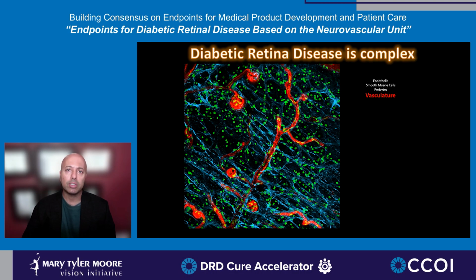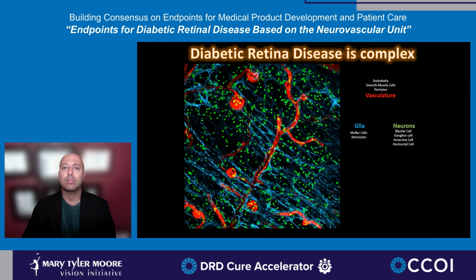The paradigm for understanding diabetic retinal diseases these days, it's generally accepted that we can divide the retina into three components. We can divide it into the vasculature, which comprises endothelial cells, smooth muscle cells, pericytes. We have the glial cells, which are the major supporting cells in the retina.